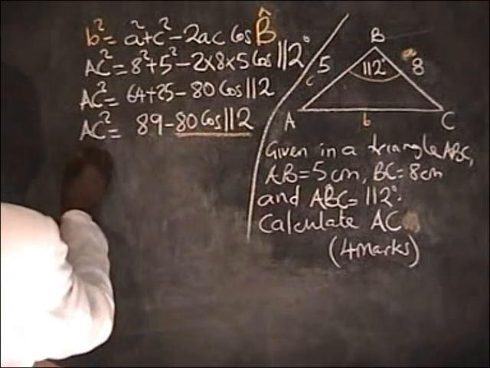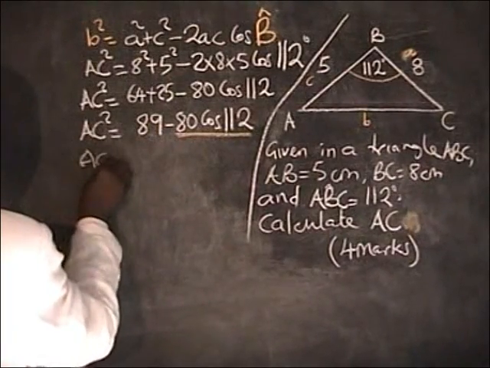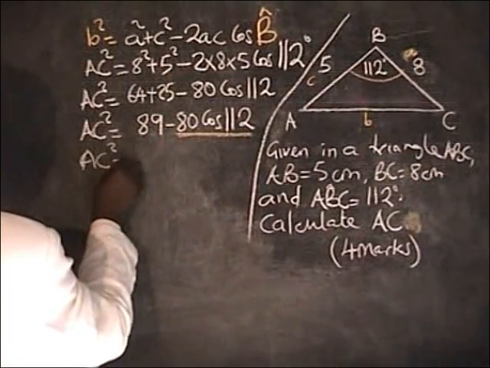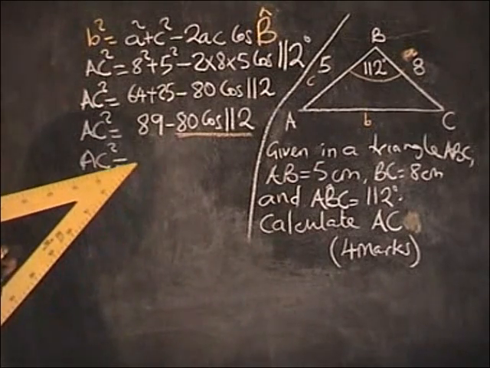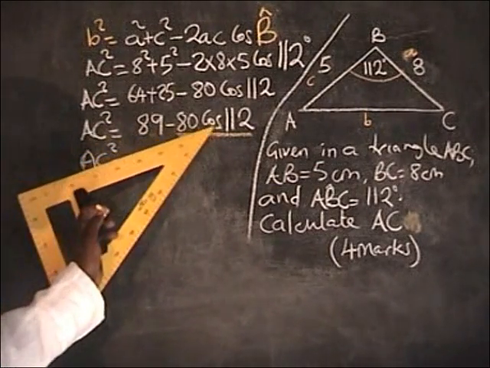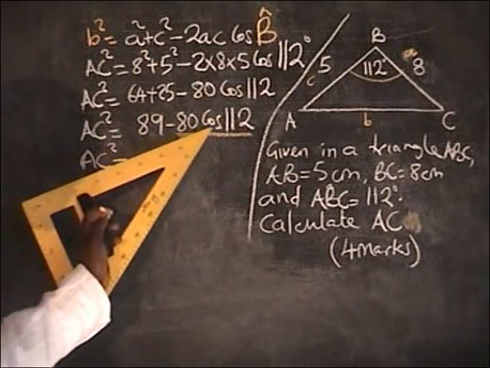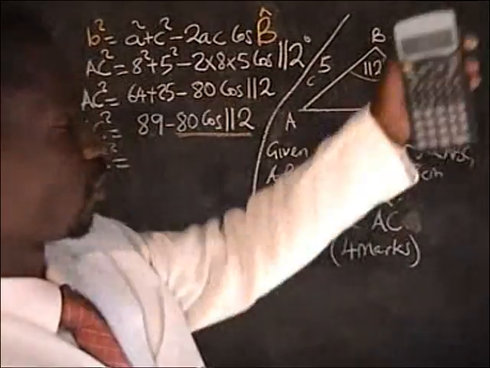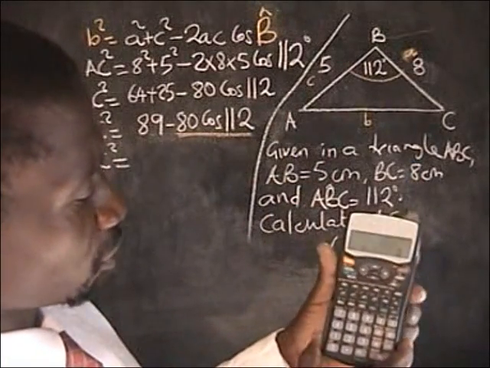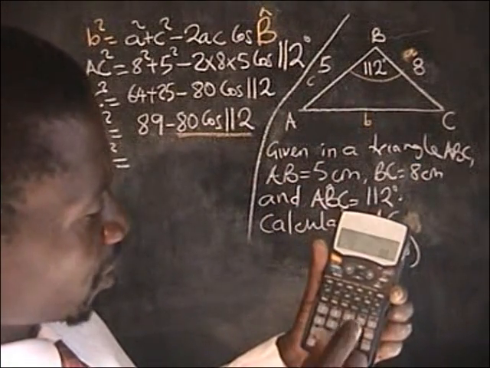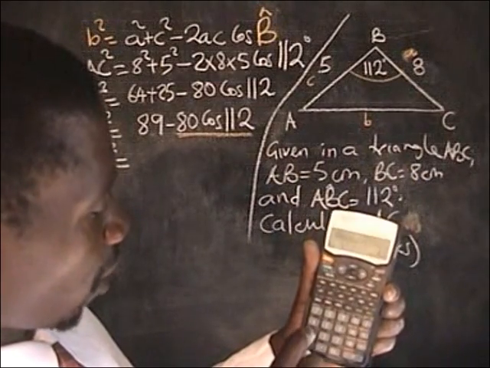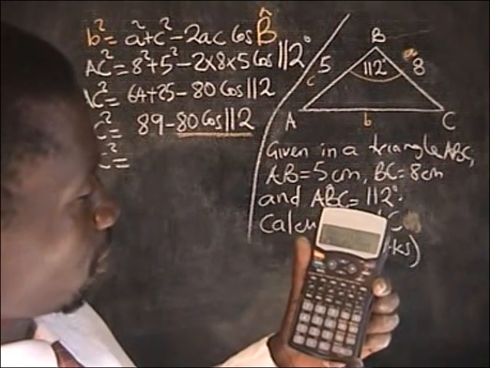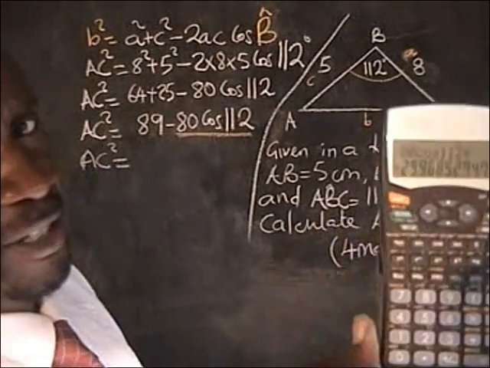So this goes as AC squared is equal to 89 minus 8 cos 112. Let me combine that so that you see for yourself. 8 cos 112 equals negative 29.96825.